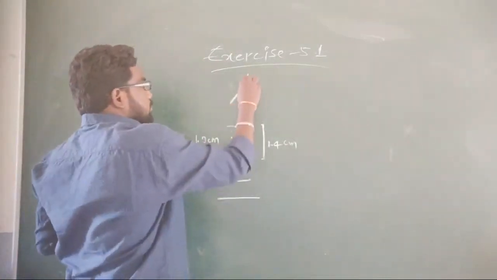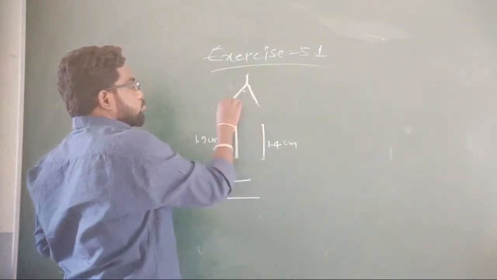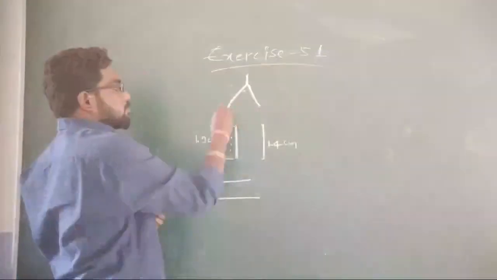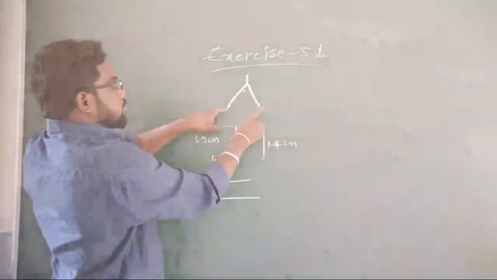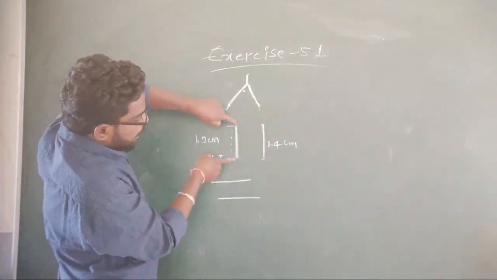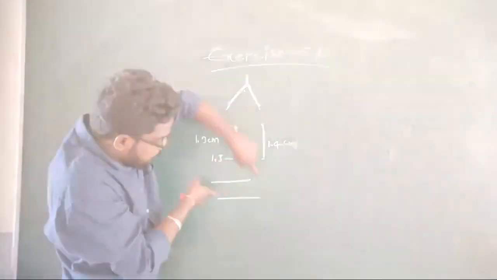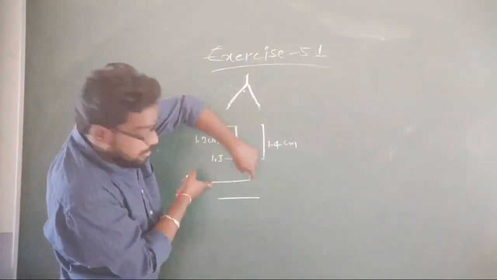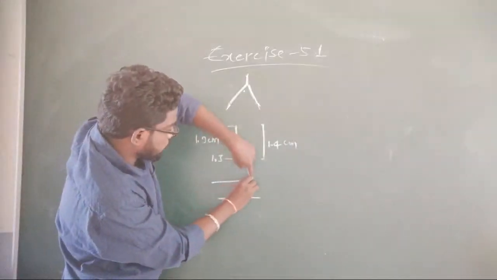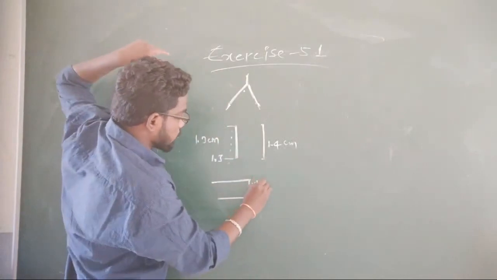This is the divider after opening. These two are sharp edges. Keep these two ends at the two ends of the line segment, then keep the divider on a ruler like this and measure the length up to here. 1.3 it will show.